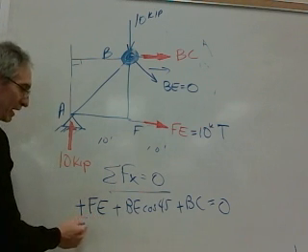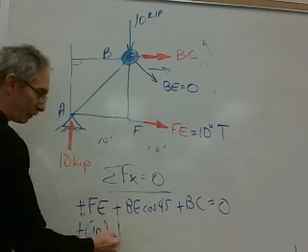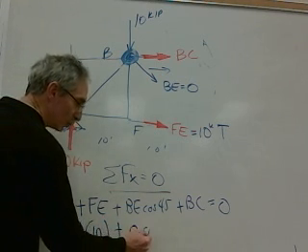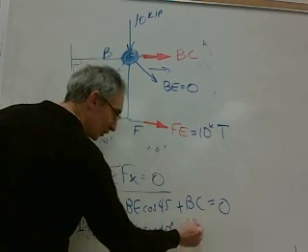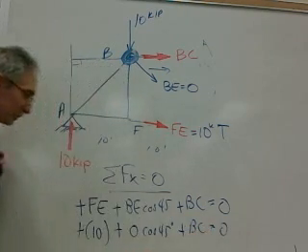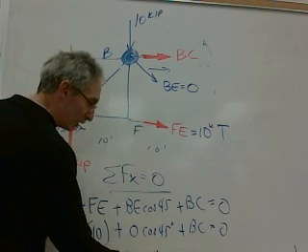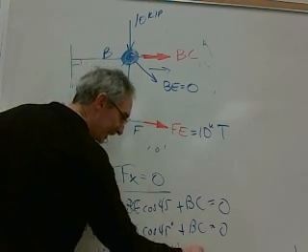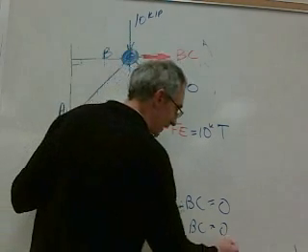Well, we found out that FE was 10 kips. We found out that BE was 0. So now here's what your equation becomes: plus 10 plus 0 plus BC equals 0. What does BC have to be? It has to be a negative 10.